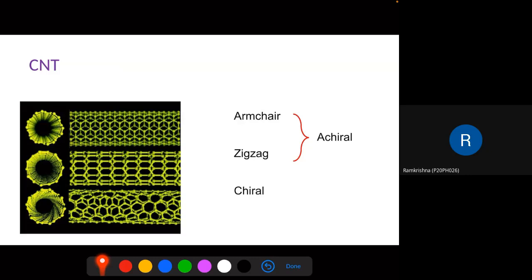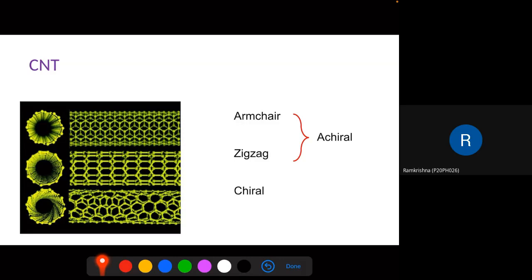And what is the difference between achiral and chiral? Achiral means if you take the mirror reflection, it will be exactly the same, so there will be no change in its appearance. But a chiral structure will look different under a mirror reflection.